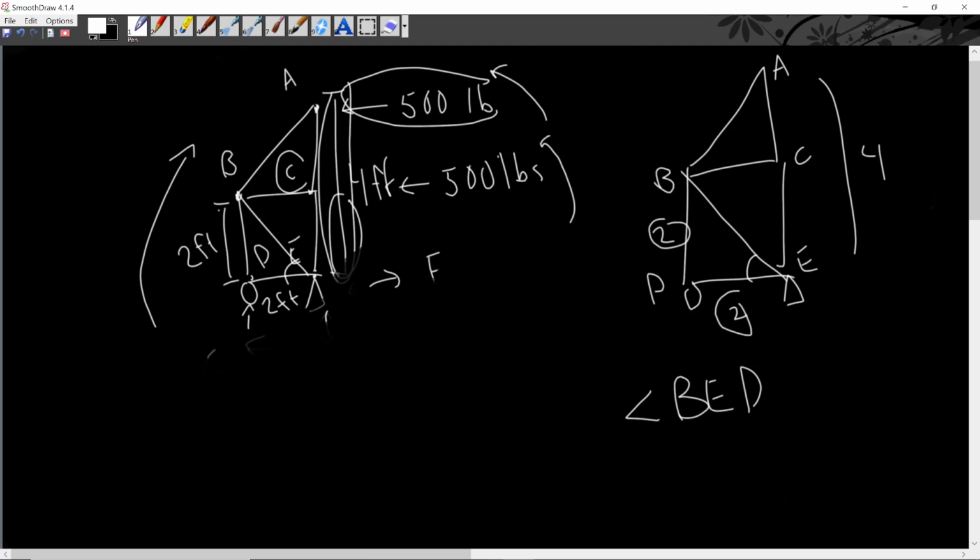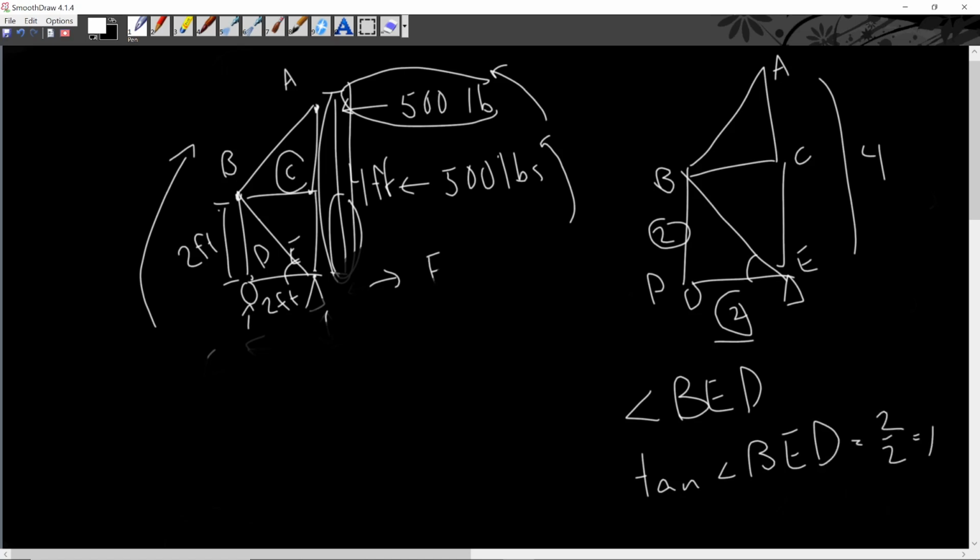We do know 2 legs. We know the side opposite of BED, so that's just going to be 2, and the side directly adjacent to BED is going to be 2 as well, which means that opposite over adjacent, or tan, BED will equal 2 over 2, or 1.